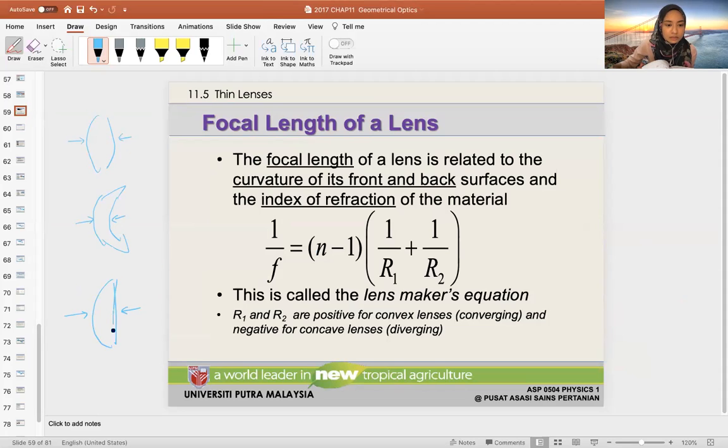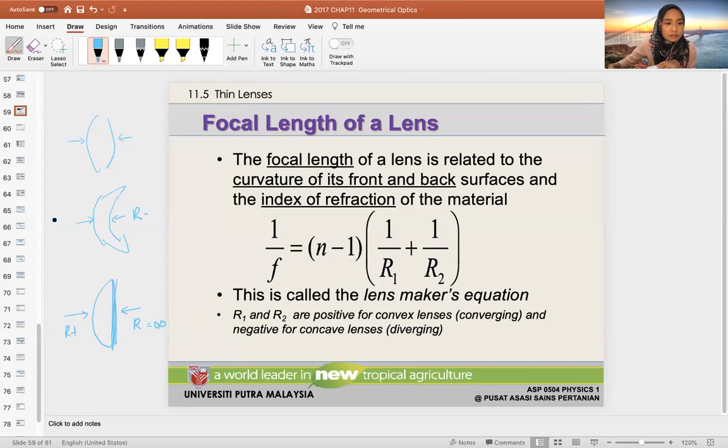And for a flat curvature, it's like your flat mirror, the one that you use in your bathroom or bedroom. It has a flat curvature whereby the R is infinity. If it's curving outwards, the R is positive. If it's curving inwards, the R is negative.